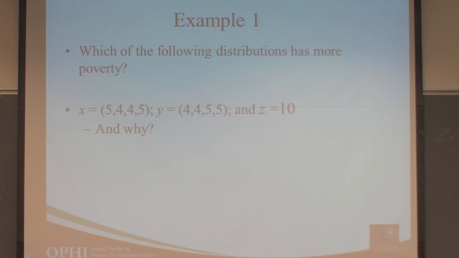In society Y, you observe the incomes to be $4, $4, $5, $5. Which distribution should have higher poverty? The question is, you have these two societies X and Y, and you have just ordered the incomes by the alphabetical order of the names. Which society has more poverty?